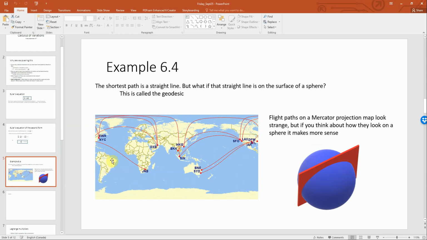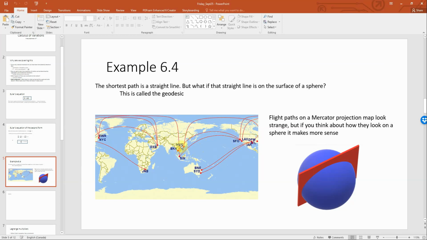We'll be covering this concept of a geodesic. This will also be important to your homework assignment. If you've ever seen a flight going from Hong Kong to San Francisco or Hong Kong to LAX, and you see these big looping trajectories as they're plotted on a Mercator map, and never really understood how this happens, you have to think about how these projections actually look on a globe.